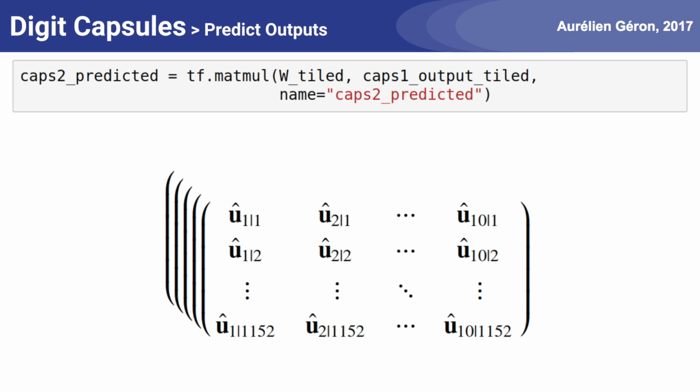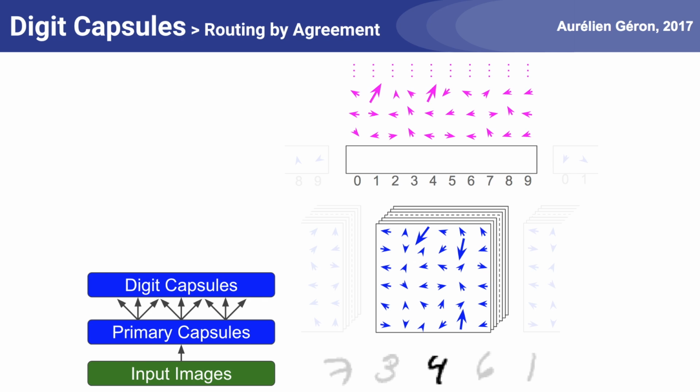And lastly, we just use matmul to multiply the transformation matrices with the primary capsule's output vectors, and we get all the digit capsules' predicted outputs for each pair of primary and digit capsules and for each instance in the batch in one shot. And that's the end of the first step for computing the digit capsules' outputs. We now have a bunch of predicted output vectors.